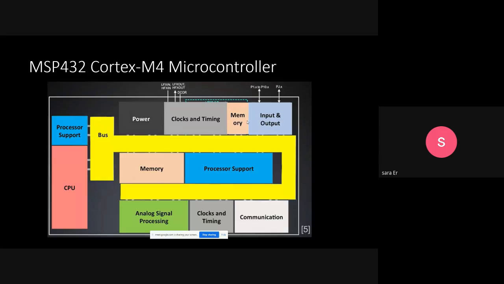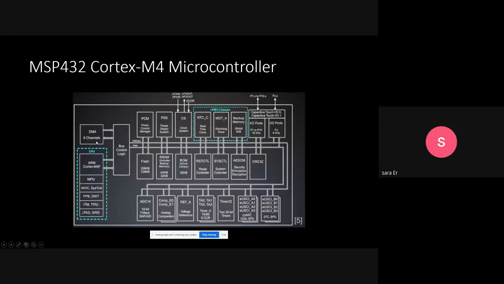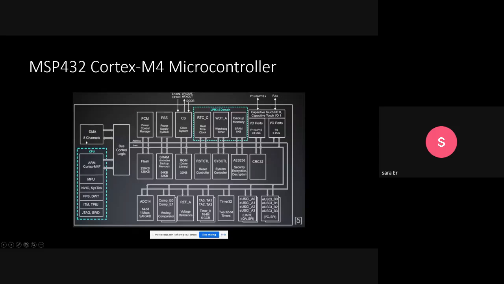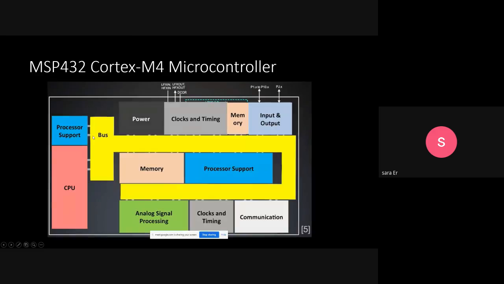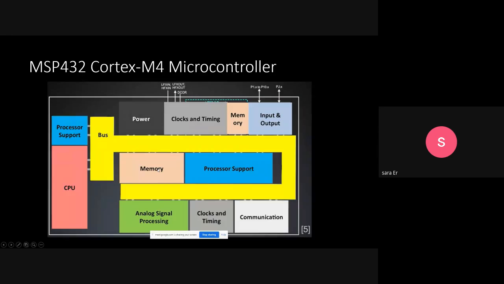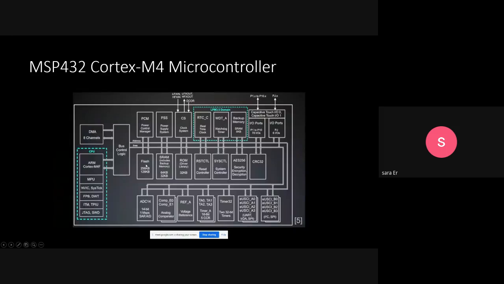In this picture, you can see the bigger module that contains the previous picture. Here are the CPU and processor support, direct memory access, and buses. The memory section is here: flash, SRAM, ROM.